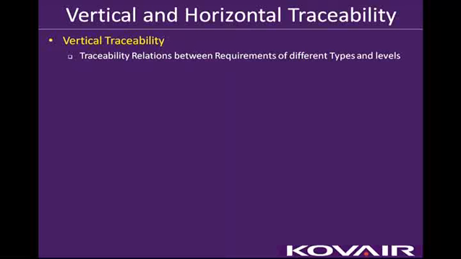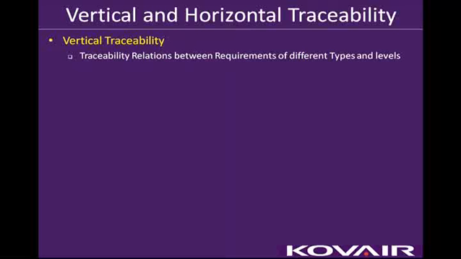Then from functional requirements, if it is a hardware-software based system, we can go to the hardware system requirement and software system requirement, which are in much more detail and talk about the implementation. So you have these different levels of requirements in terms of how detailed the specifications are.